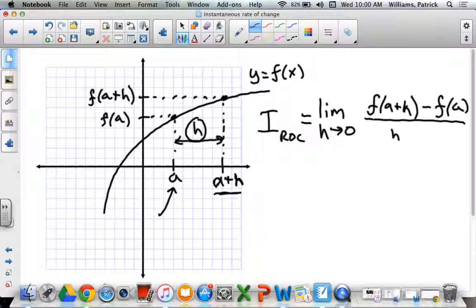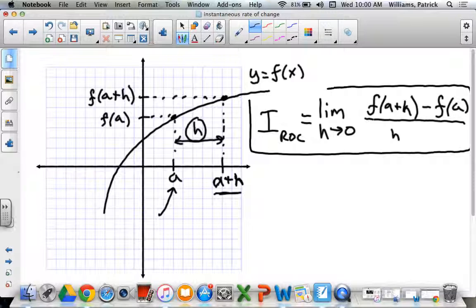If h is going to 0, remember, that doesn't mean h equals 0. It means h is approaching 0. If h is approaching 0, h is getting infinitely small, meaning we are getting an infinitely small run. And if we get an infinitely small run, we are going to be getting an infinitely small rise. So therefore, this is the equation that tells us what the instantaneous rate of change is at this specific point x equals a.